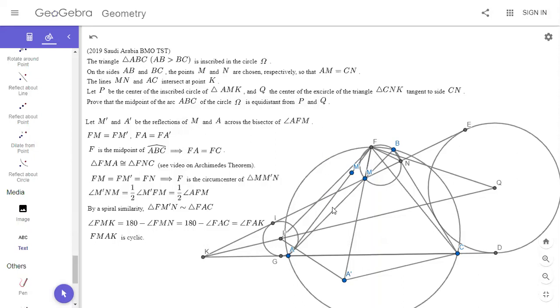And once we know that, I was trying to do an angle chase.